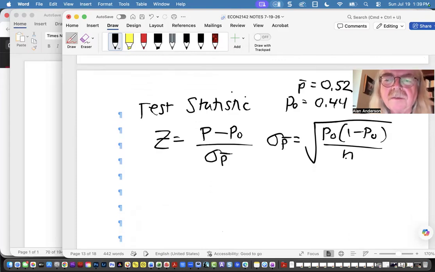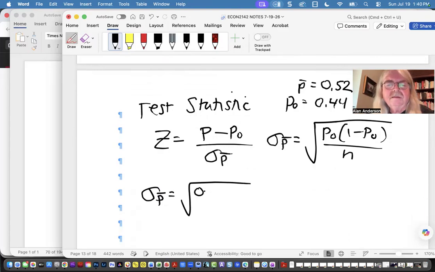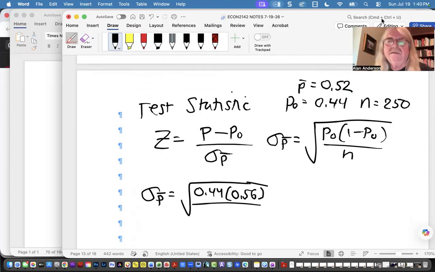All right, well, let's plug in the numbers. First, we might as well calculate this part first. 250.